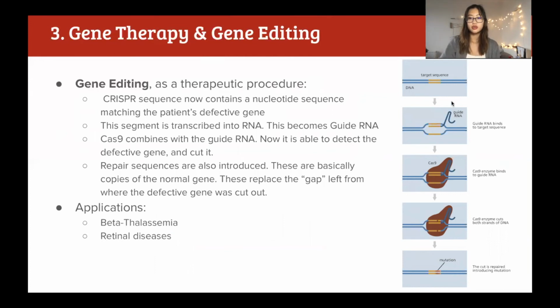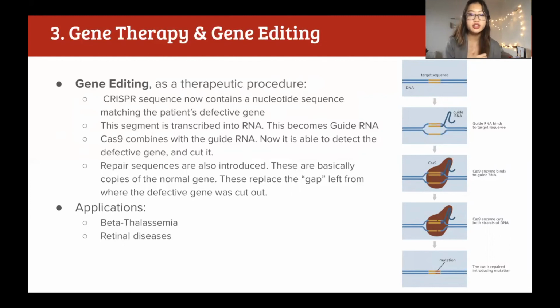Okay, so what happens here is that the CRISPR sequence now is made to contain a nucleotide sequence that matches the patient's defective gene. So if you have, let's say, an insulin-producing gene that is not working, the CRISPR sequence will now have a sample of your faulty gene, right?